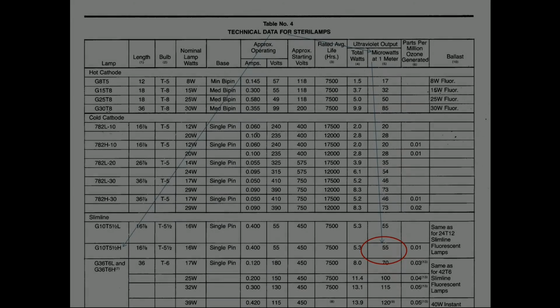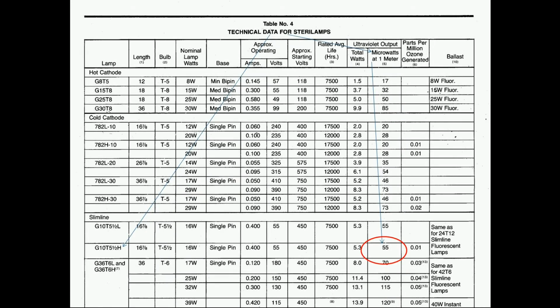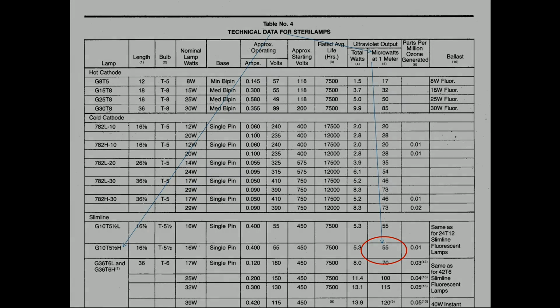The formulas are actually working models of what it takes to control a microorganism, how many lights it would take to do it while it's airborne, coming by at 400 or 500 feet per minute. And what they found is the minimum, when you're looking at about a 2.5 to 3 ton unit, 800 to 1,200 CFM, which translates into about 200 to 300 feet per minute, you need at least a 55 microwatt lamp.